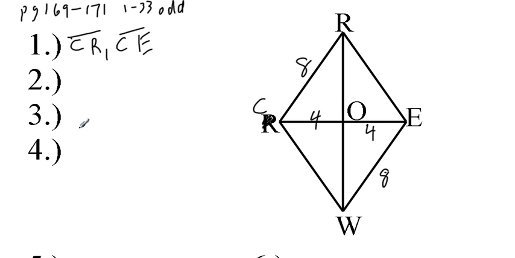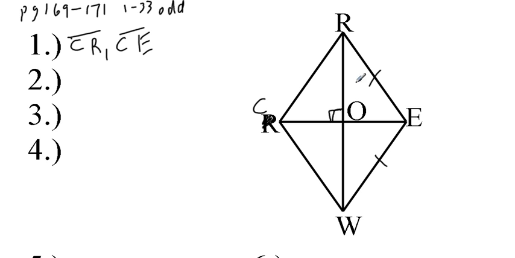For number 3, it says if WR is perpendicular to CE, now that means we're actually going to erase what we have previously here. Okay, WR is perpendicular to CE, so we've got a right angle here. Name all segments congruent to WE. Well, if this is perpendicular, that means we have a rhombus here.